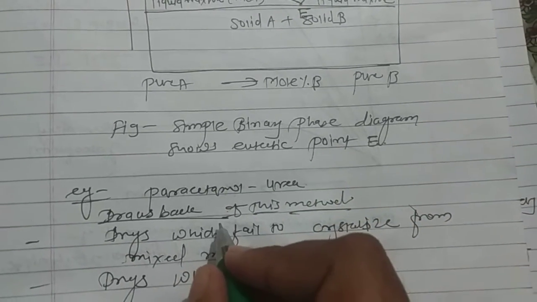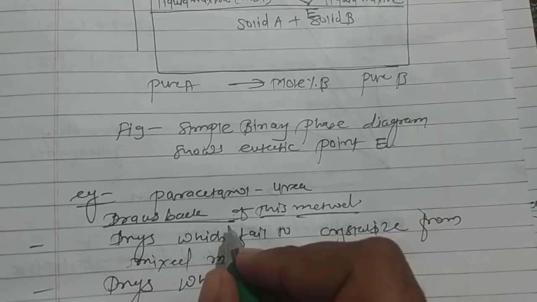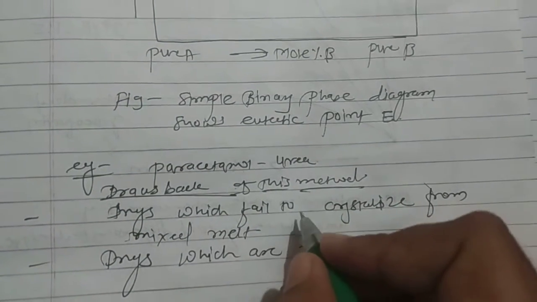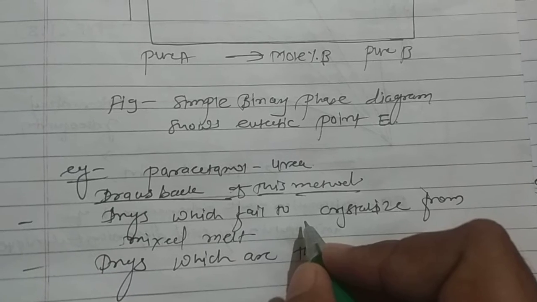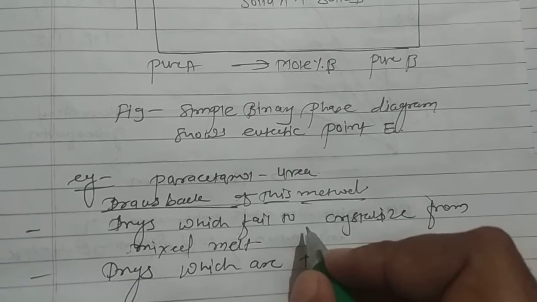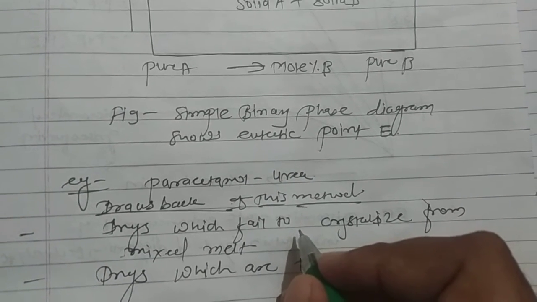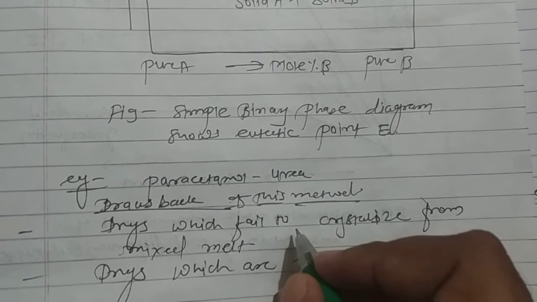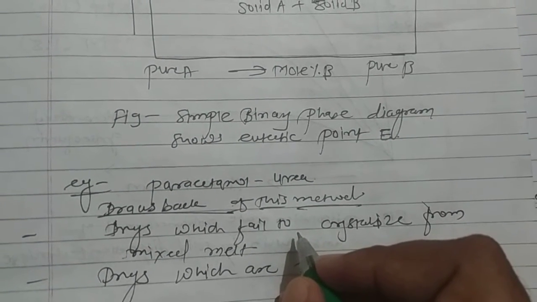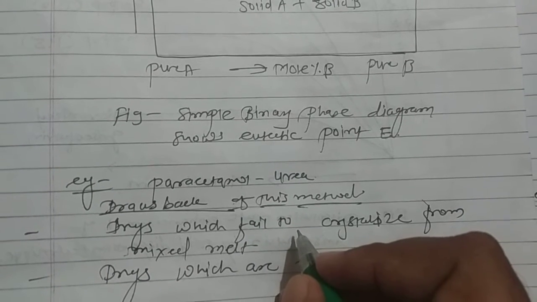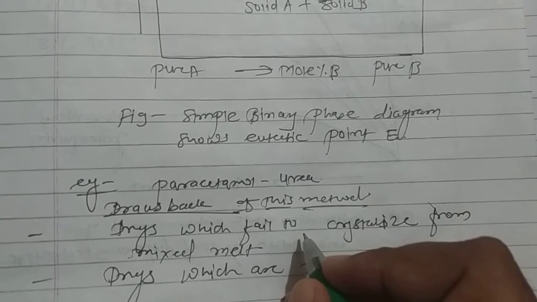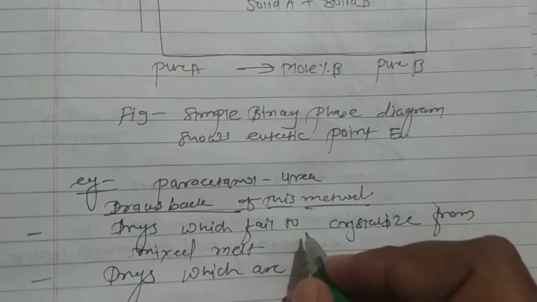Next, this method has some limitations. The first limitation is drugs which fail to crystallize from the mixed melt. Means there is a mandatory need to crystallize the substance after fusion. जैसे ही फ्यूजन होता है दोनों सब्सटेंस का तो उसका मेल्ट होने के बाद क्रिस्टलाइजेशन होना यानी क्रिस्टल फॉर्म में कन्वर्ट होना बहुत ही ज़रूरी है.